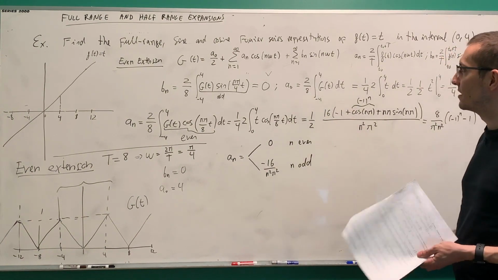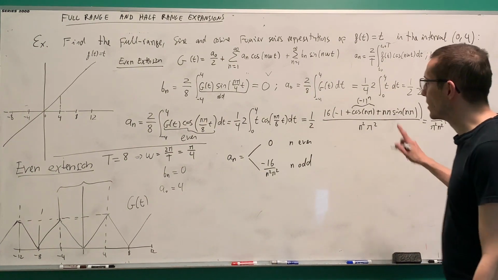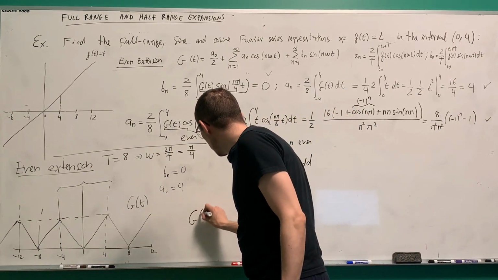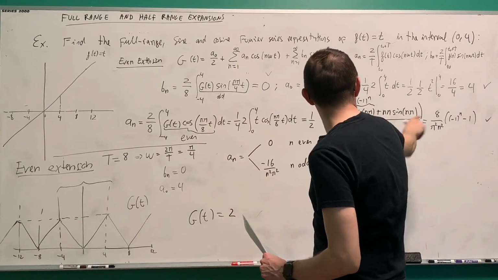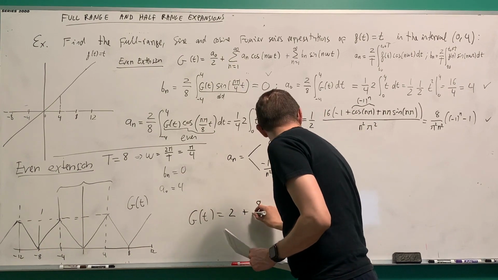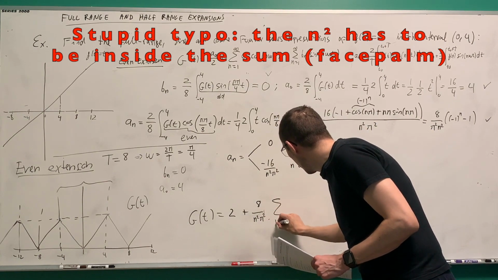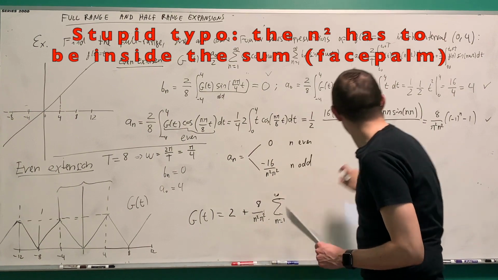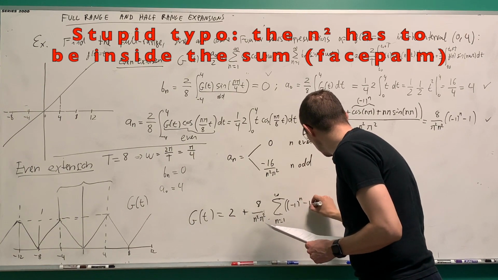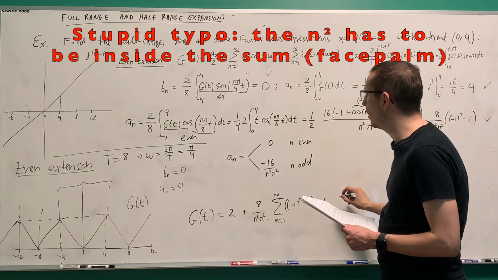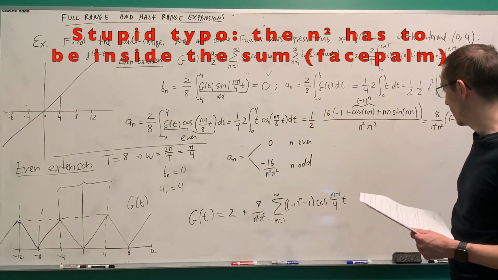So we have two options. Maybe I'll write the two of them so we see it. For sure, it would be correct, but not full marks correct, if you were to write, oh sure, the solution would be that g of t is equal to a0 divided by 2, so 2, and then I write plus the sum, n equals 1 to infinity, of 8 over n squared pi squared, I'm just copying the coefficient, which is an, times minus 1 to the n minus 1, cosine of n pi over 4 t.